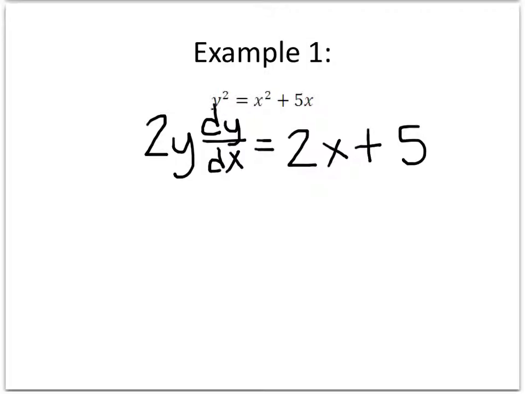Now for step 2, it says solve for dy over dx by collecting terms and factoring. So that might seem a little weird, but what it's basically saying is that it wants you to get dy over dx all by itself on one side, with the rest of it on the other side. Now this is just basically a multiplication problem on this side. So all you really have to do is divide by 2y on both sides.